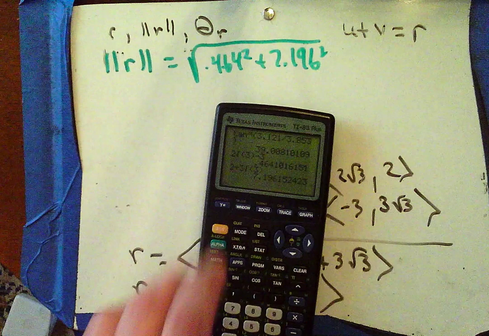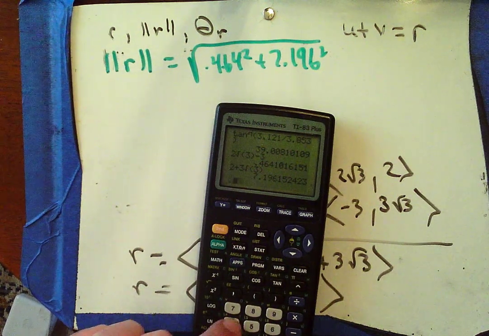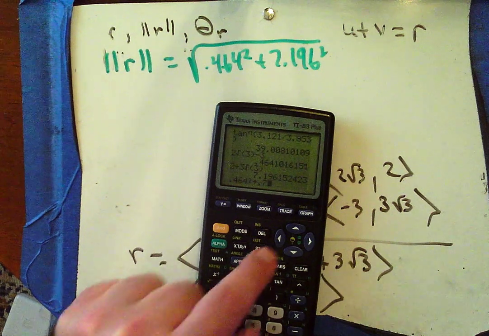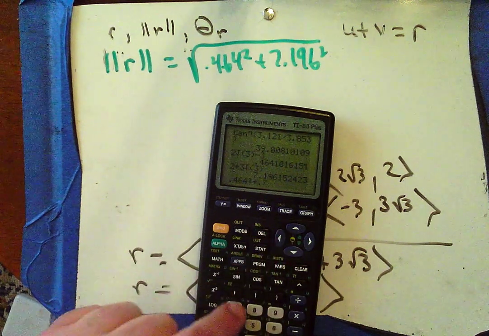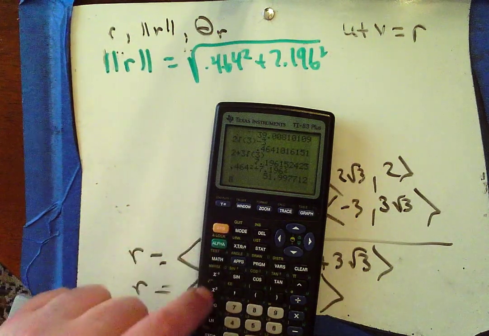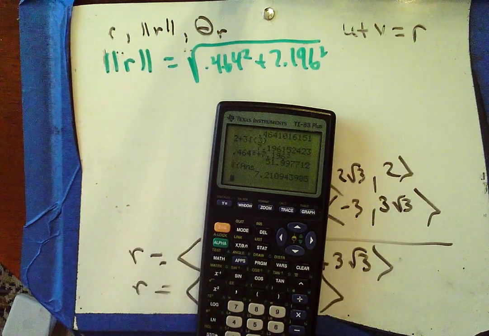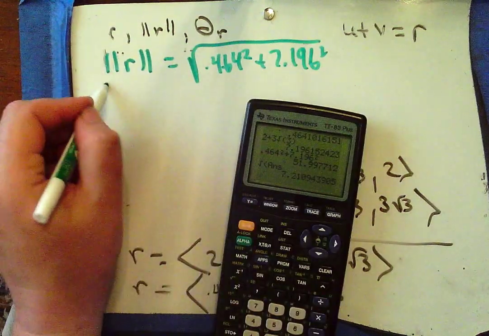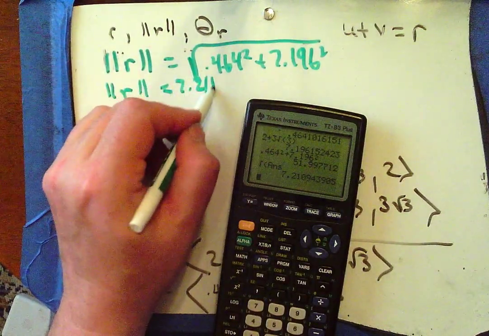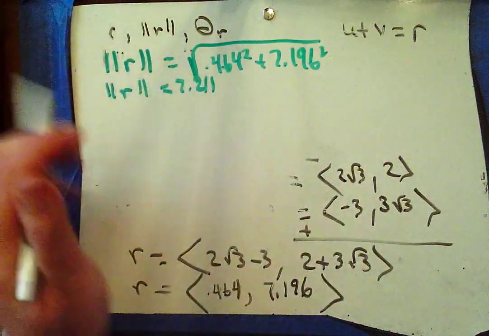I'll do that on my calculator. 0.464 squared plus 7.196 squared, and then take the square root of that. And I end up with the magnitude of r equals 7.211.